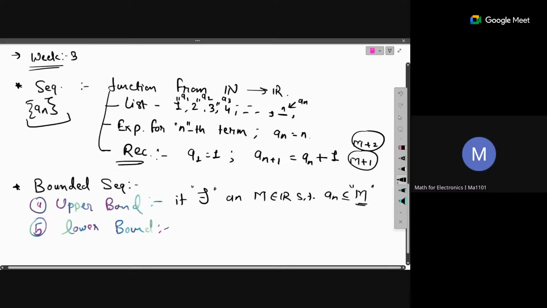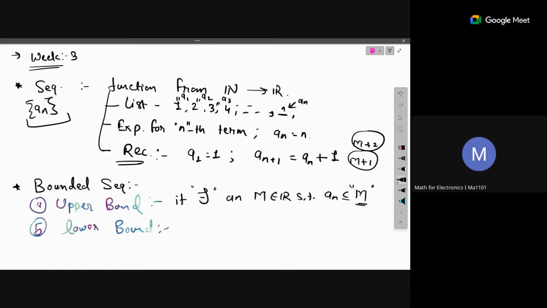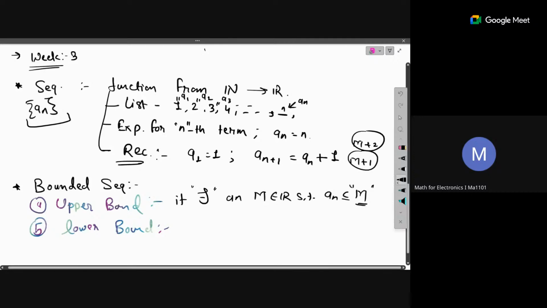So if there exists one real number which can bound the terms of a sequence, for example, if you plot your sequence over the real line, and you denote the natural numbers here, 1, 2, 3, and so on, and you denote the terms of the sequence over the y-axis. Let me draw it here.